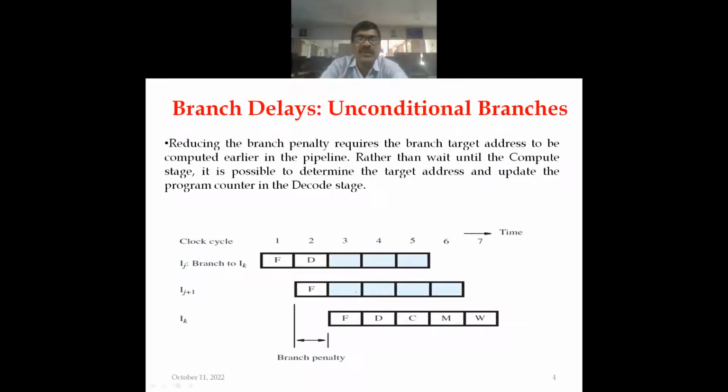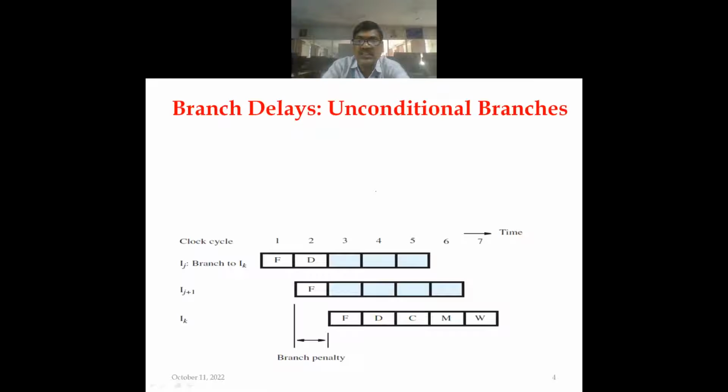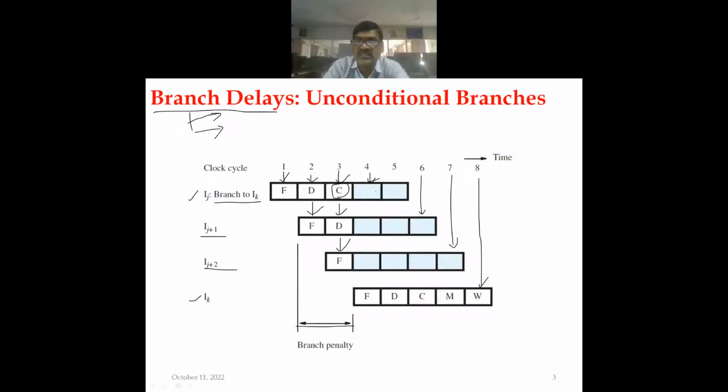Reducing the branch penalty requires the branch target address to be computed earlier in the pipeline, rather than waiting until the compute stage. It is possible to determine the target address and update the program counter in the decode stage itself. The earlier instruction took 8 clock cycles.